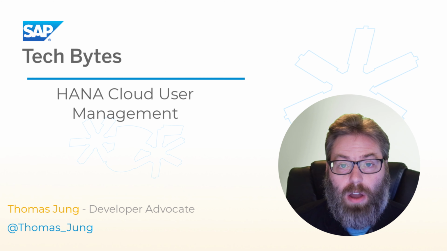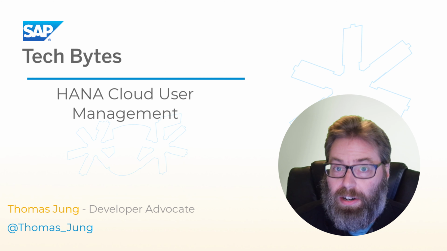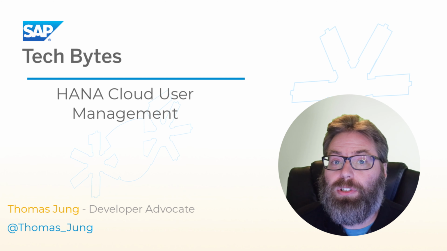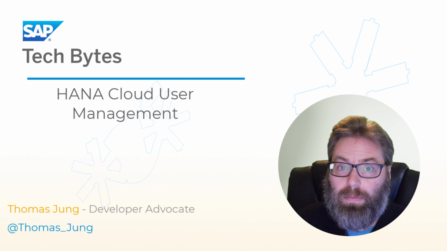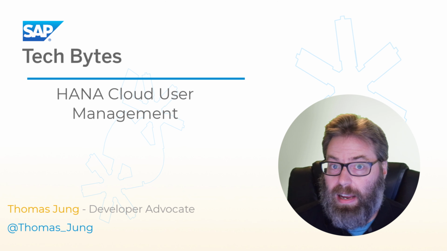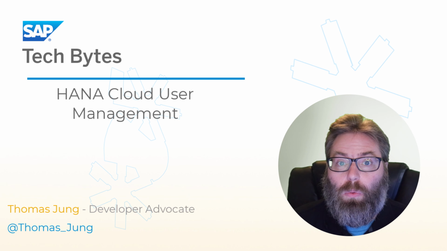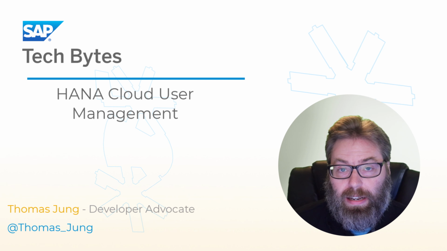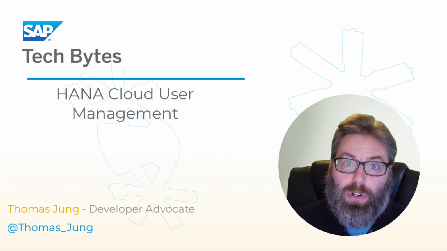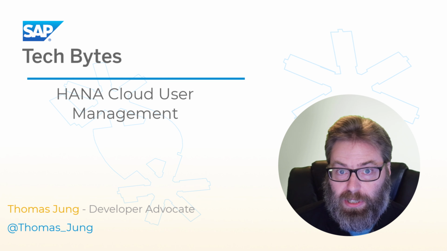In the SAP HANA Cloud, the HANA database instances do have a system user, but this is now reserved for use by SAP. The corresponding customer super user, as we said, is DBADMIN, which you would use to log in initially to the system and create other administrative users for your purposes.